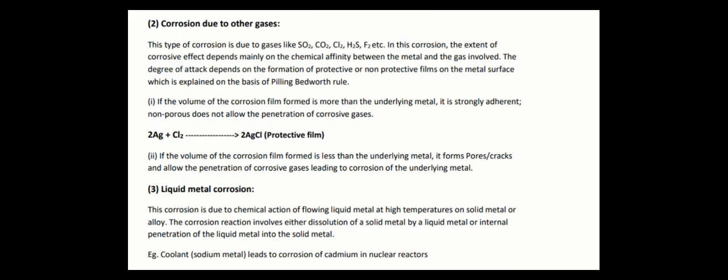Here comes the end of the video. Let's summarize. Chemical corrosion may occur through oxidation, through reaction with other gases, or through attack by liquid metals. The key controlling factor in each case is the nature of the corrosion product, whether it is stable, porous, volatile, or protective.